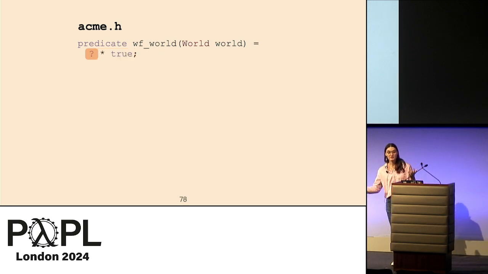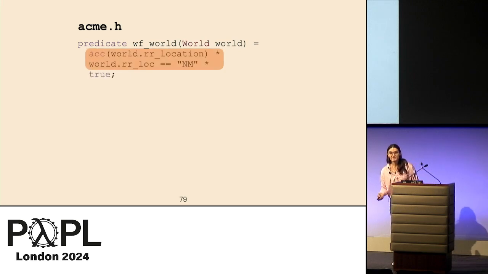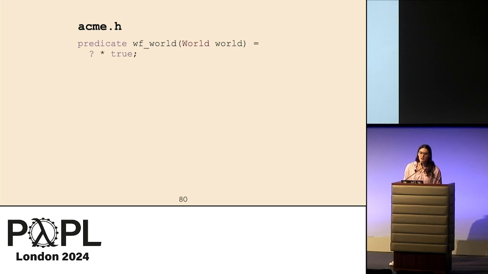For example, maybe this question mark represents an assumption that Roadrunner is always going to be in New Mexico. But it could represent any possible satisfiable formula. This alone, though, should not allow unsoundness, because we should catch those errors whenever we actually run the program. And hopefully Wiley tested it maybe a little bit at least.